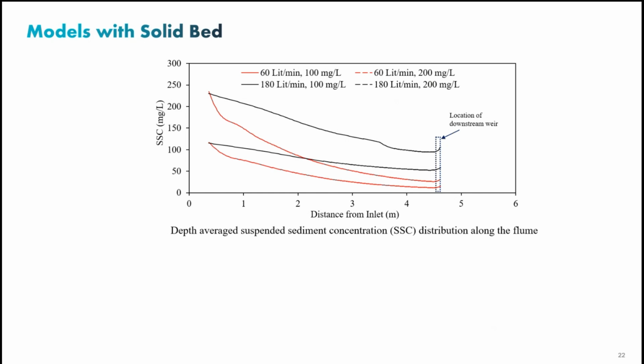And this is basically the average of the total suspended solids along the flume. As you can see, the two solid lines are for 60 liters per minute, 100 milligrams per liter; 60 liters per minute, 100 milligrams; 180, 100 milligrams. So we have two loadings and two different flows, so overall 4 different scenarios.